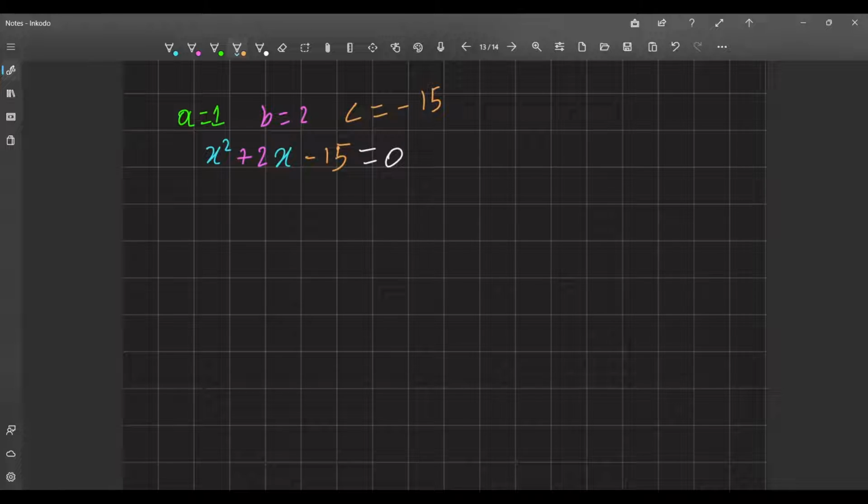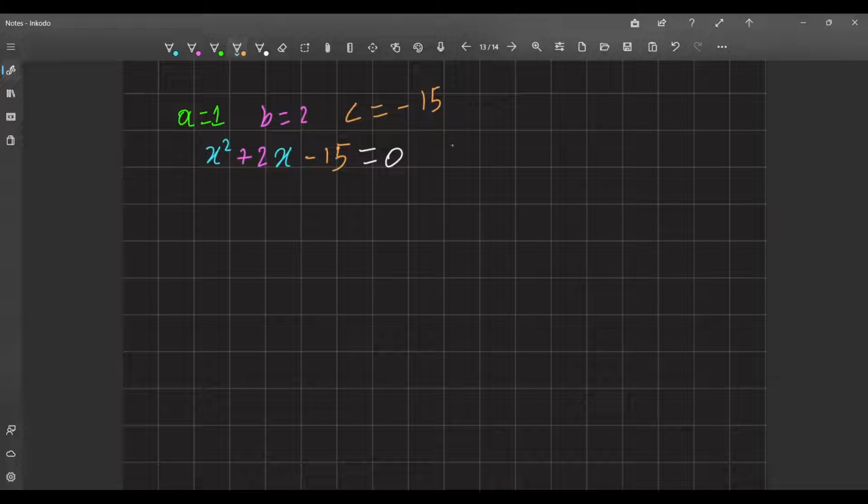What I want to do right now is make it so that every single term is positive here. To do that, I'll have to take this to the other side so that it becomes positive. To take this to the other side, I have to add 15 on both sides, since that would cut out the 15 from here and give me a positive 15 on the right hand side.